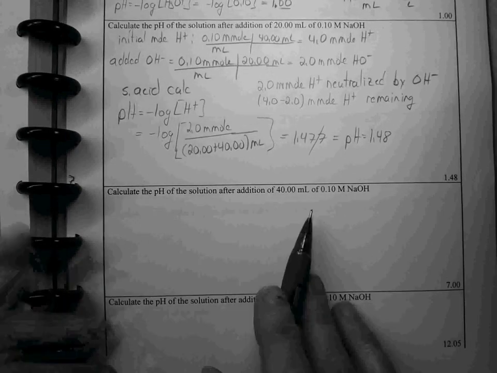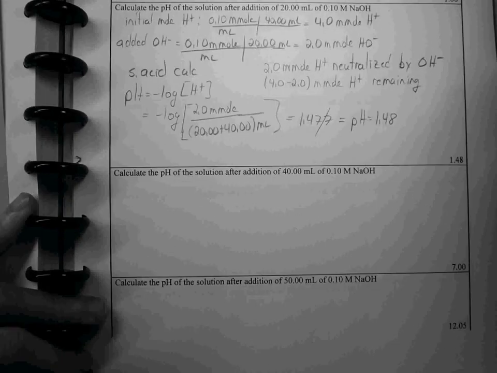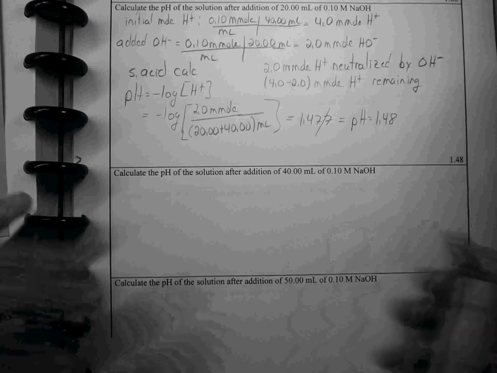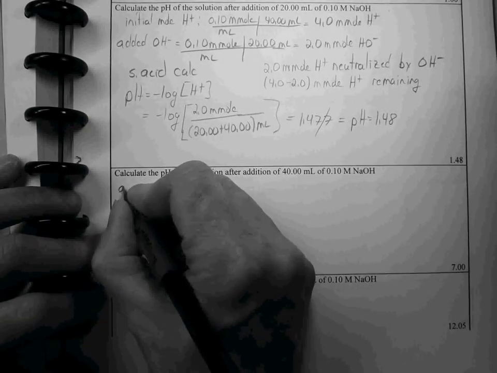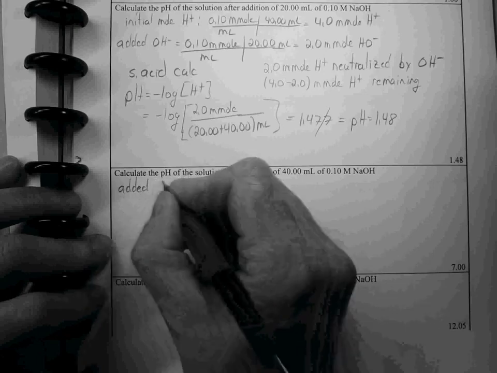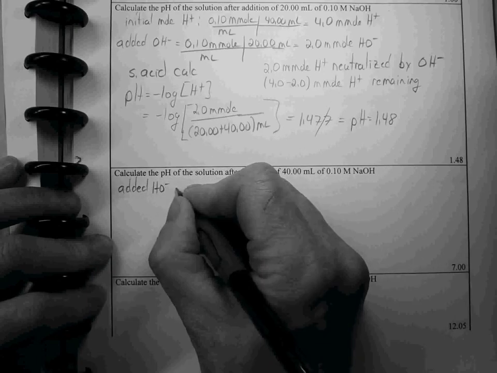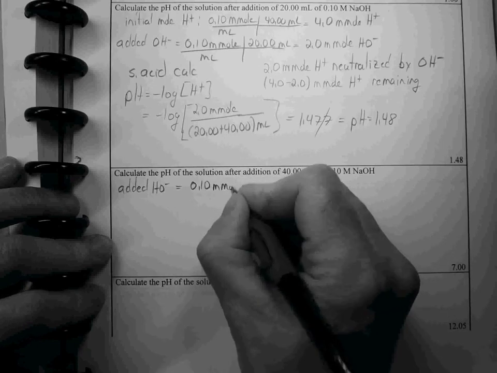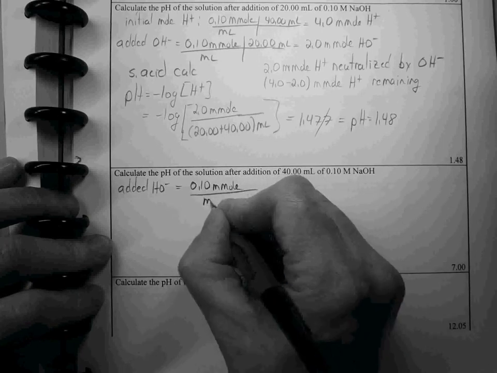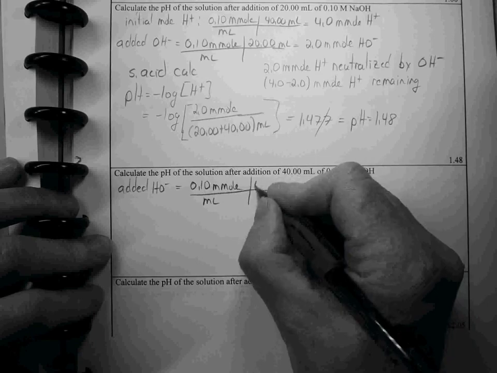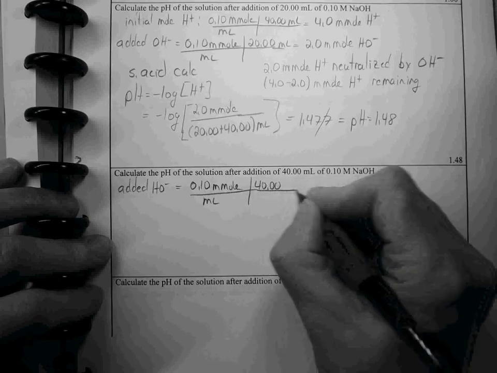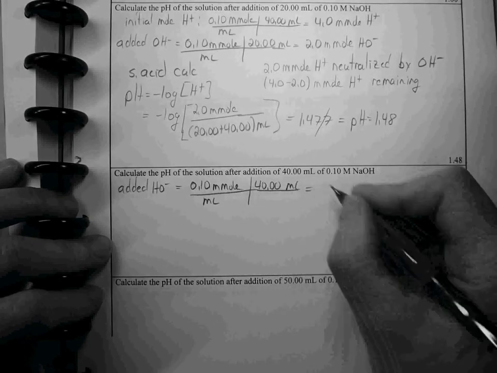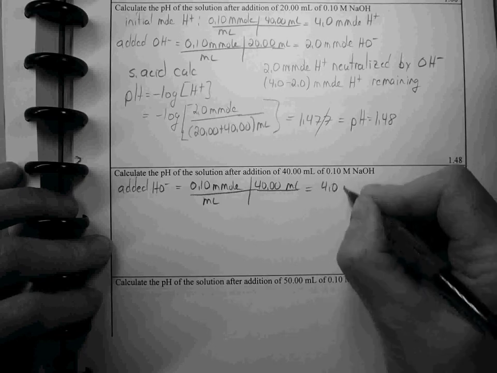Continuing on, we want pH after the addition of 40 milliliters of NaOH. So, the added hydroxide, 0.10 millimoles per milliliter times 40 milliliters.